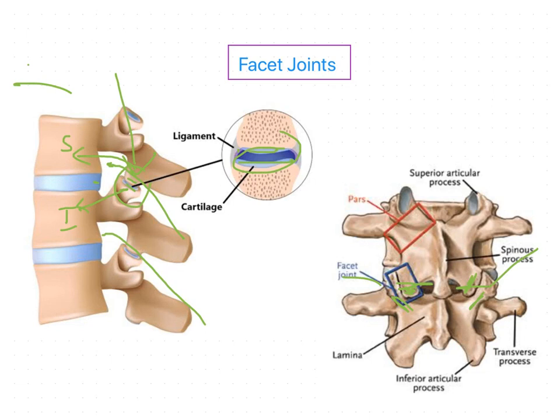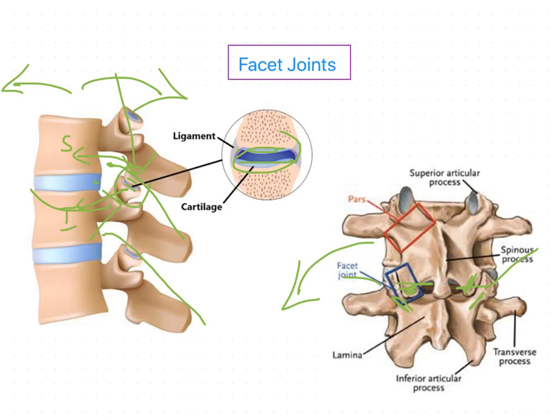These are the movements available in the entire vertebral column. But in the vertebral column, these movements do not occur individually. Here the movements are coupled with other movements.